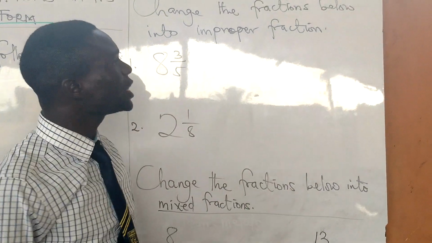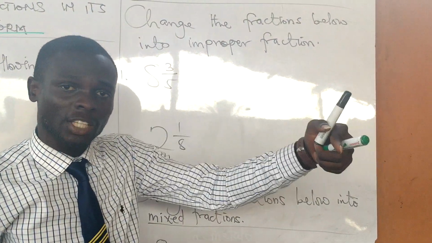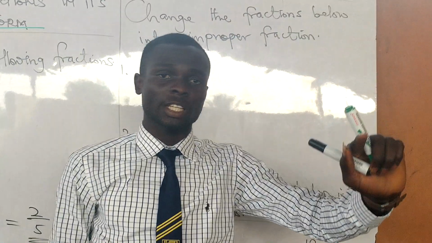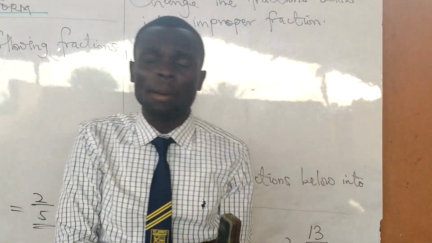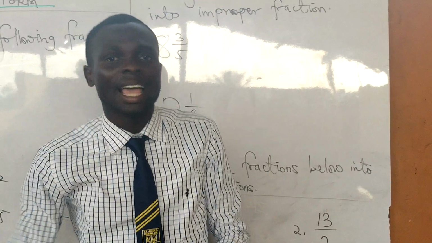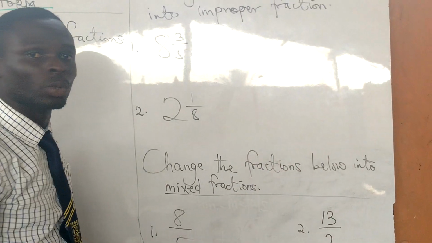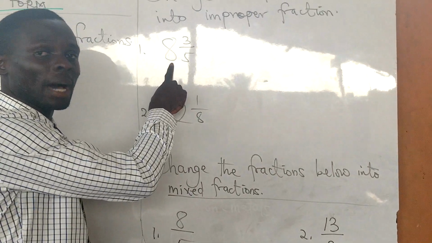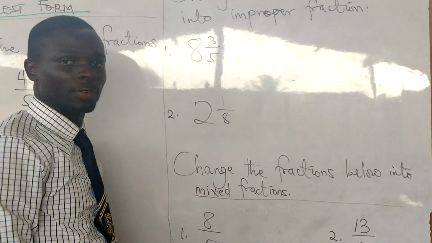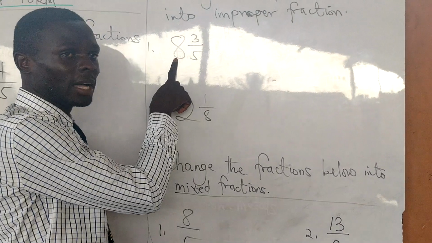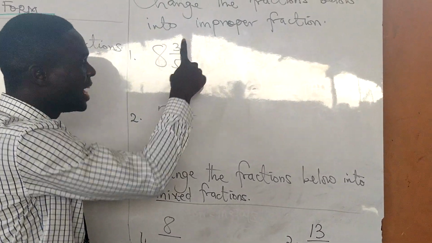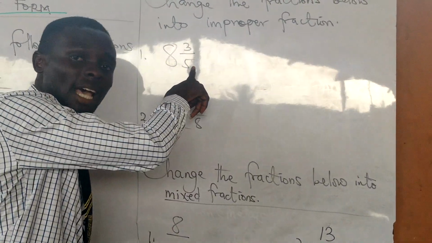Now to change mixed fractions into improper fraction, we have to know the whole number part, the numerator and the denominator. So if I take this fraction, for example, this is 8 whole number 3 over 5. So this is the whole number, this is the numerator, and this is the denominator.